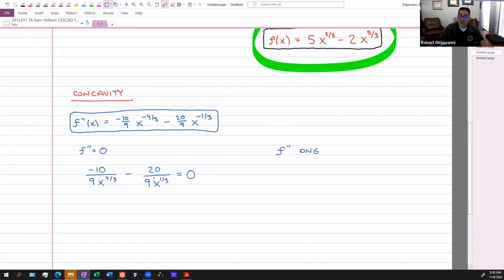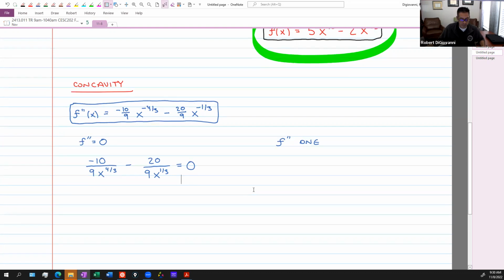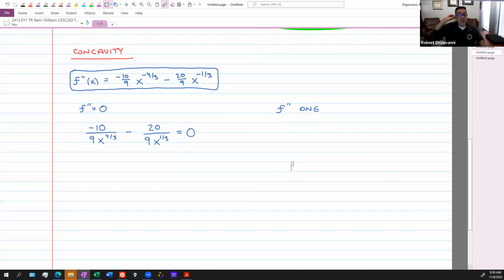Any questions on that? We need a common denominator. They both have 9s, so I don't have to worry about a number. One of them is x to the 4/3, the other one's x to the 1/3. So a common denominator would be x to the 4/3. So how could I change this x to the 1/3 to an x to the 4/3?